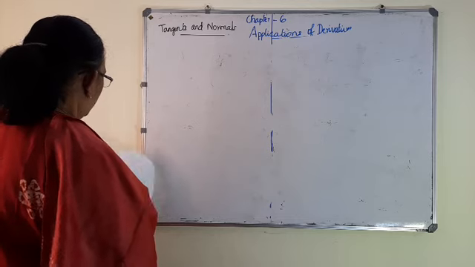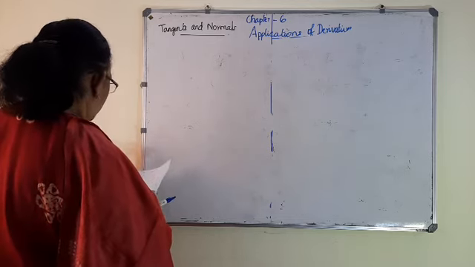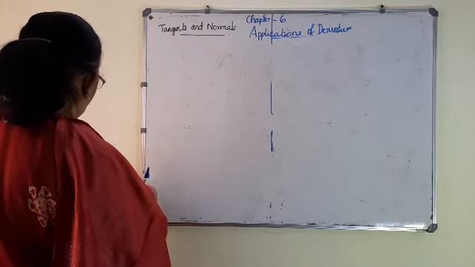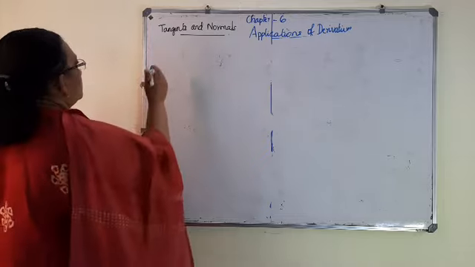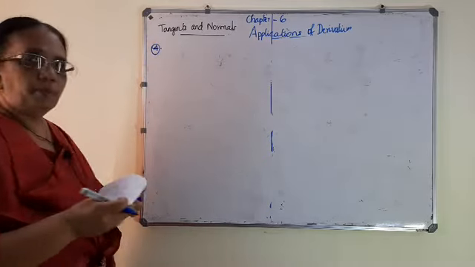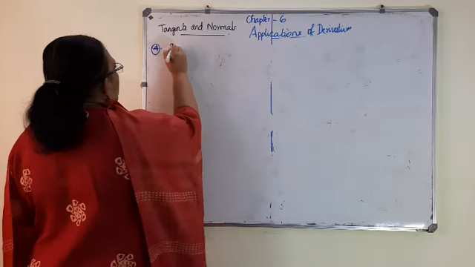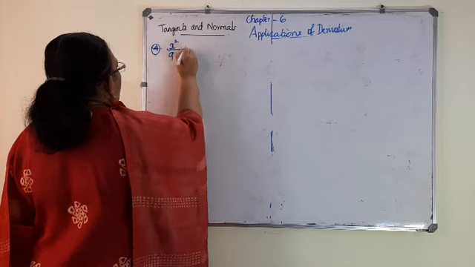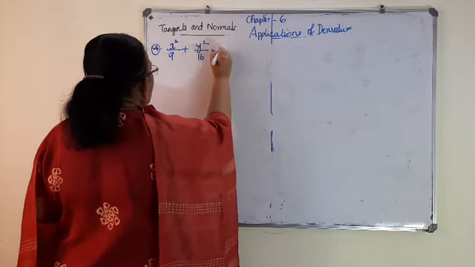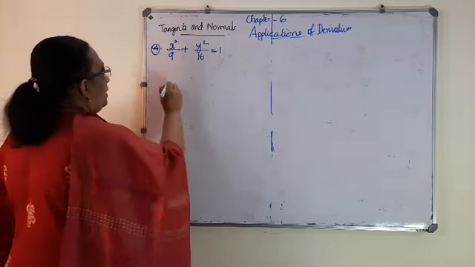So we have done how many questions? 1, 2, 3. Now comes the fourth question. Find the points on the curve x squared by 9 plus y squared by 16 is equal to 1, at which the tangents are parallel to the x-axis.